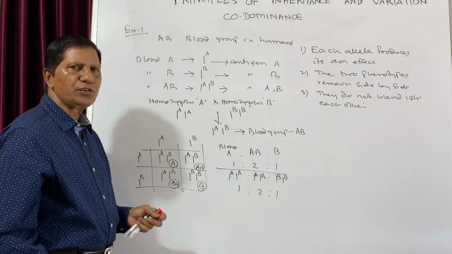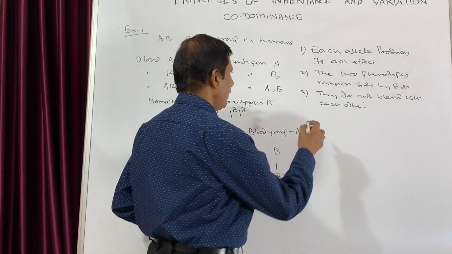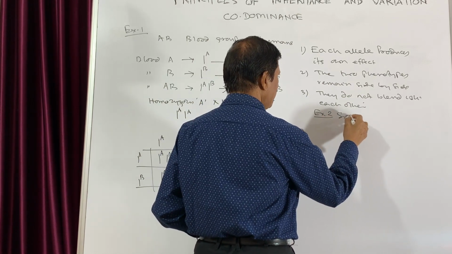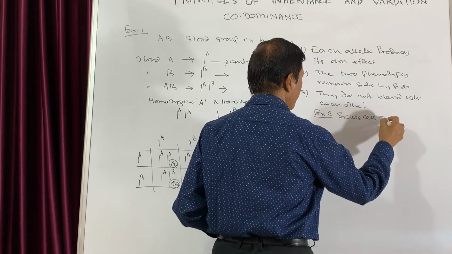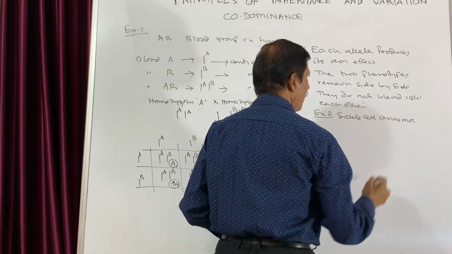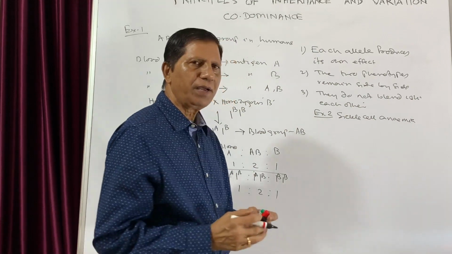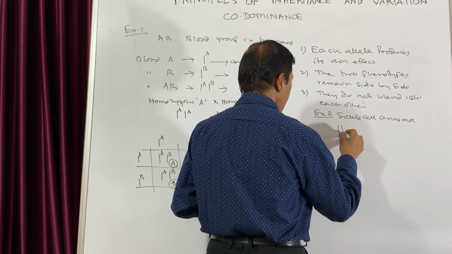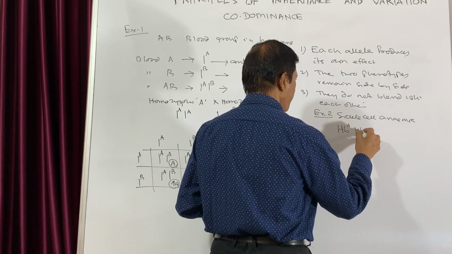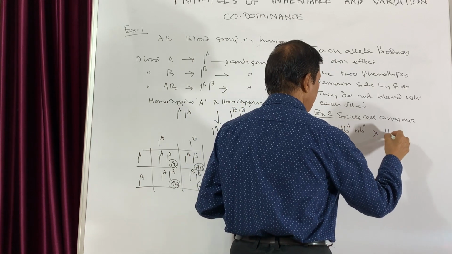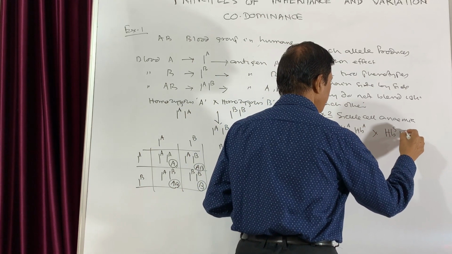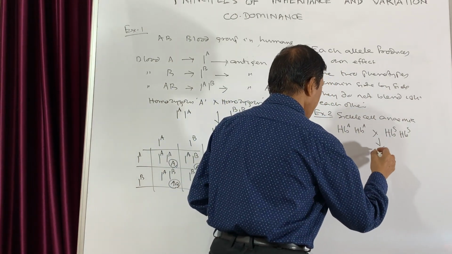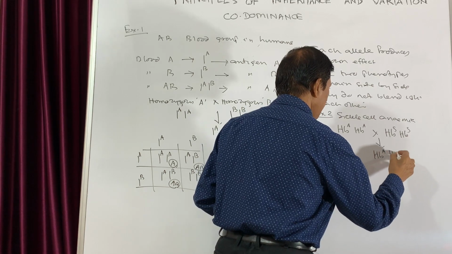Now this same case is also found in sickle cell anemia. I will take this as example number 2, sickle cell anemia. If we make a cross between a normal person and a sickle cell person, then the offspring will be HbA HbS.